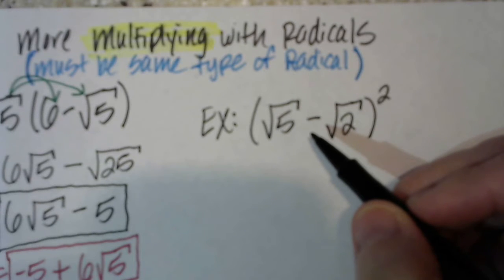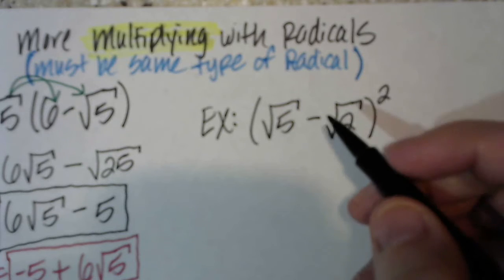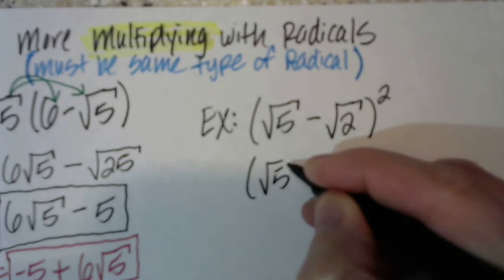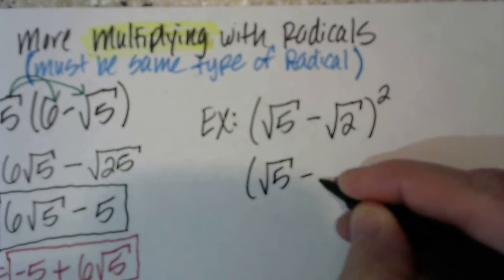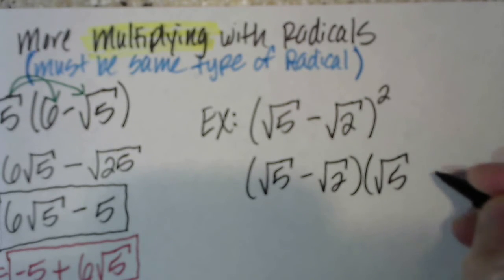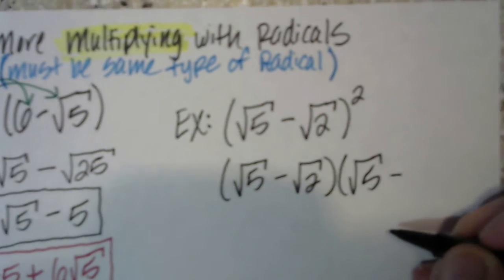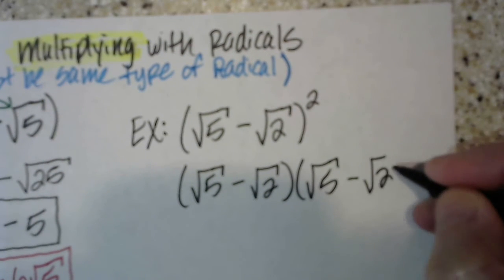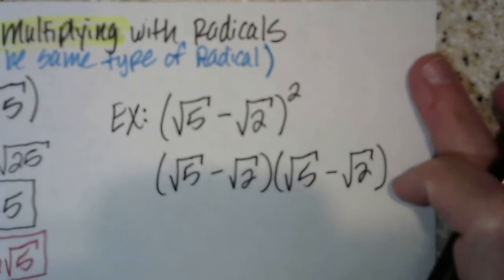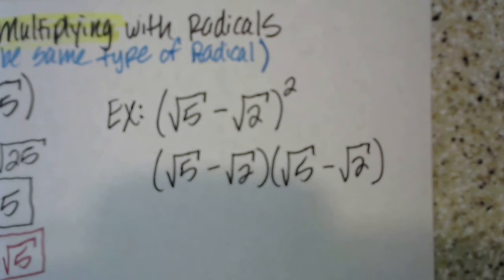You know, when there's addition and subtraction involved, sometimes we have to do things differently. This actually means to multiply whatever's in the parentheses by itself, or write it twice. And then we have a binomial times a binomial, which is FOIL.